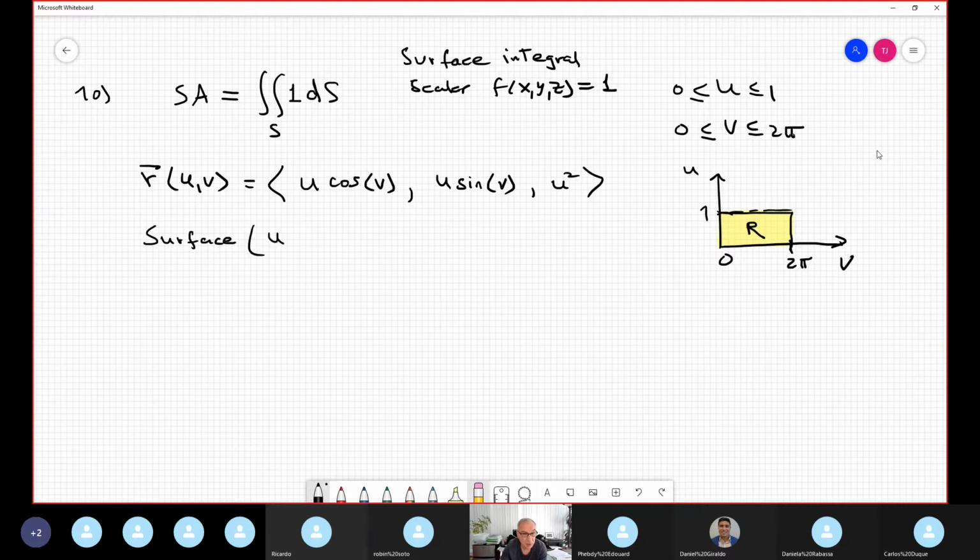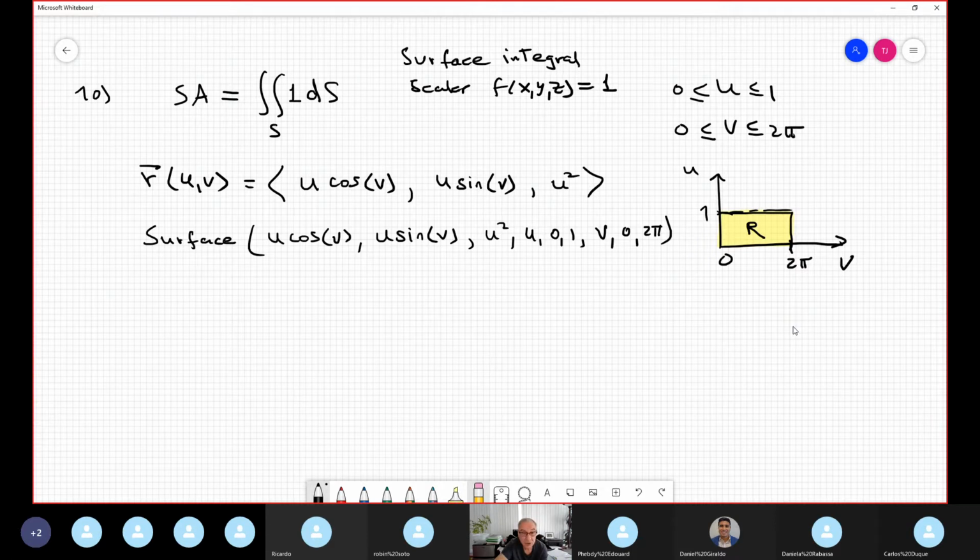You put u cosine v, u sine v. It's obvious that part alone is a disc, but the z component is u squared. So u varies from 0 to 1, and v varies from 0 to pi. You put this in GeoGebra and you see the paraboloid. It's obvious it is along the z-axis because the part is squared, and it opens up because the parabola is positive.